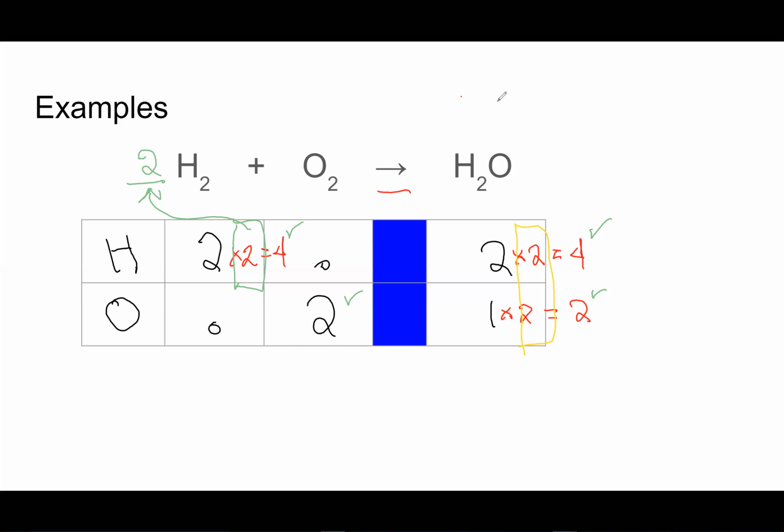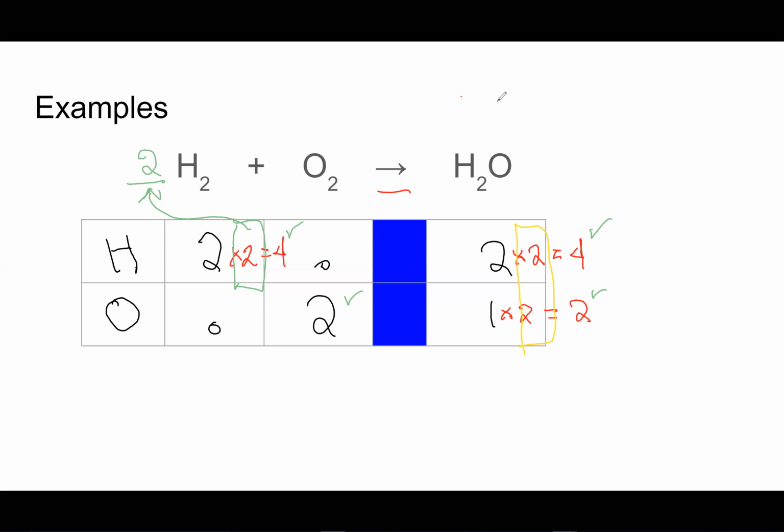And finally, the water molecule, I multiplied this column by 2, so I'm going to put that right here. So my balanced chemical equation finally is 2 H2 plus O2 yields 2 H2O. That's how you would see a balanced chemical equation for this.